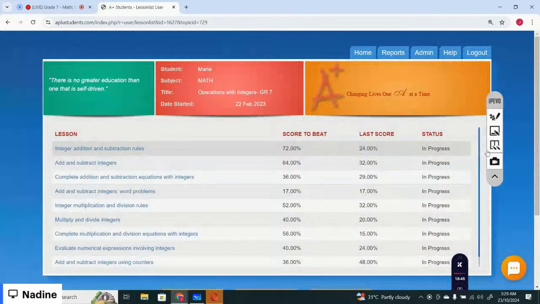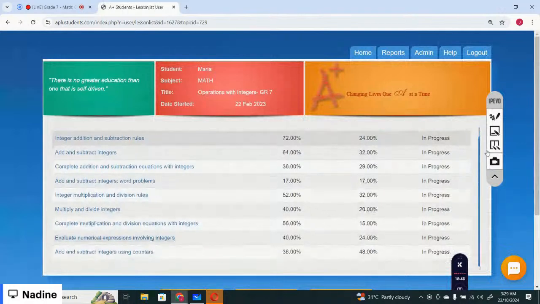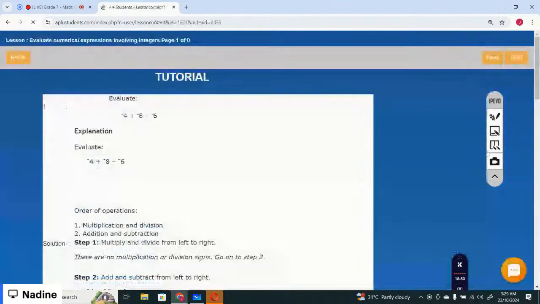The next lesson is evaluate numerical expressions involving integers. Negative 4 plus negative 8 minus negative 6, right?